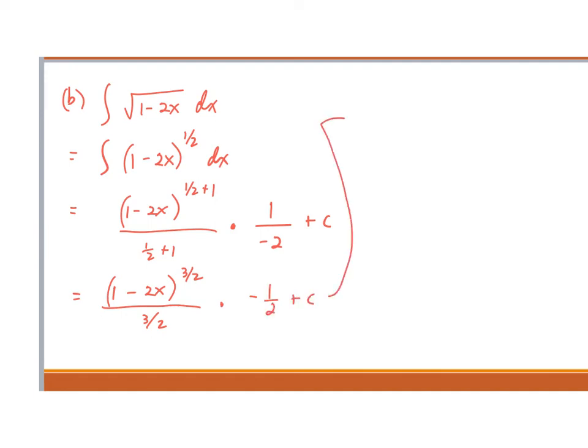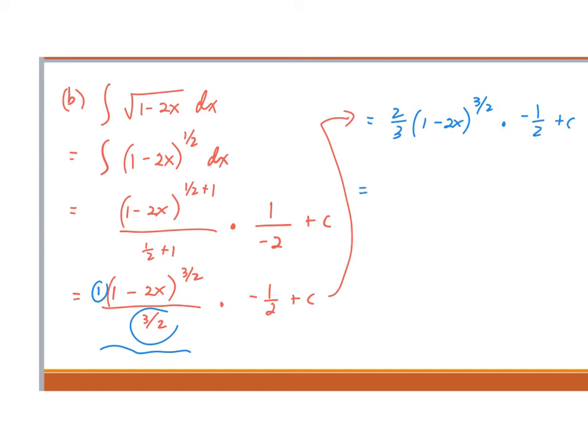Okay, let's simplify some more. So when we have 1 over 3 over 2, we are just getting the reciprocal. So this whole first part here we could write as 2/3 1 minus 2x power of 3 over 2, and then times negative 1/2 plus c.